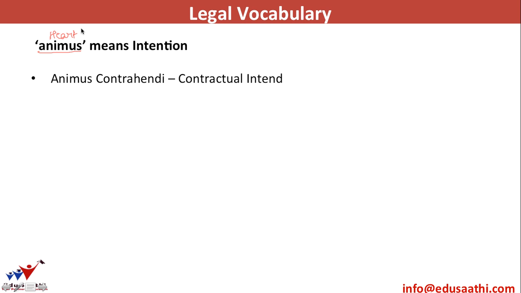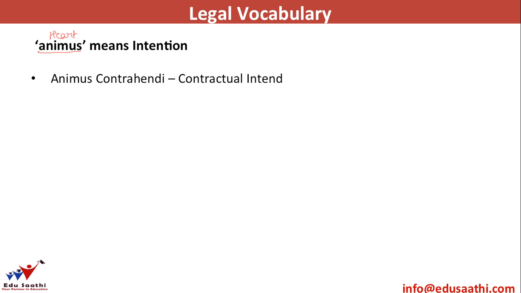So, for example, we have animus contrahendi, which is contractual intent. For example, I approach you, let us say you are a big financer, and I tell you that I have this business proposal. Why am I coming to you? Because I have animus contrahendi, which is I have the intention of going into a contract with you, right?